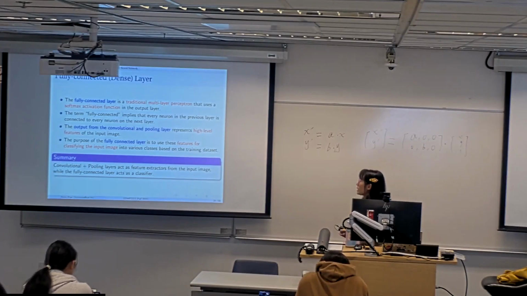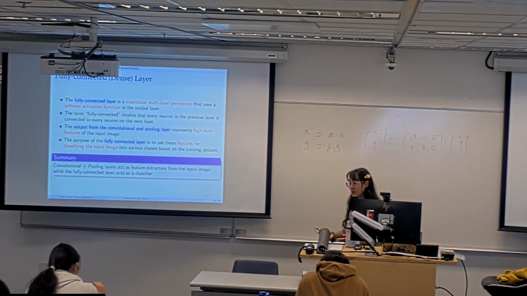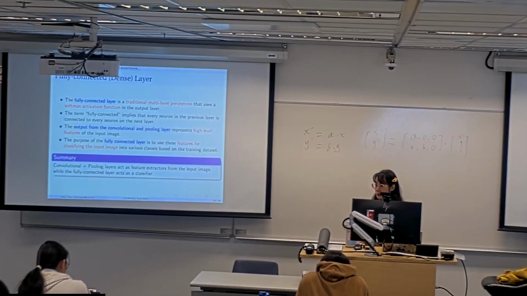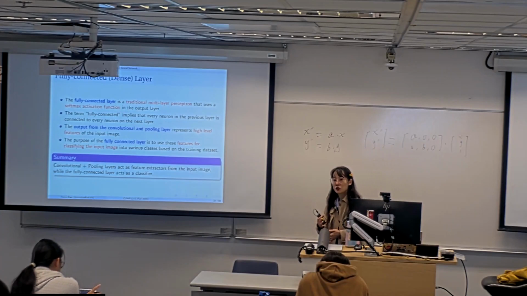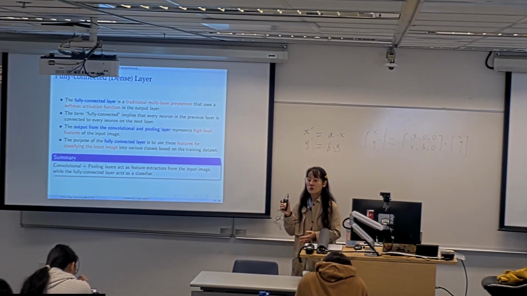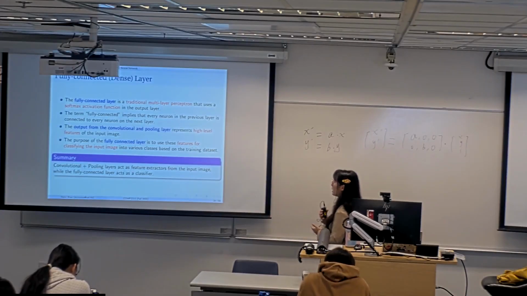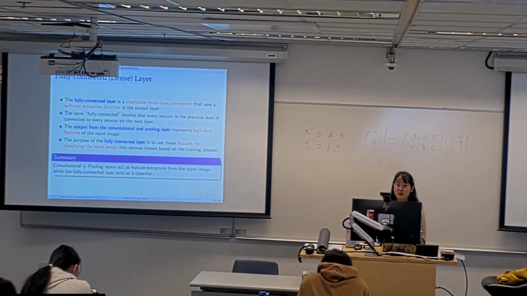In summary, convolutional together with pooling layers act as feature extractors from the input imagery. Each layer extracts some information, and the information will be smaller and smaller, but in the meantime, more and more useful. While the fully connected layer will act as the classifier to give us the final prediction results.